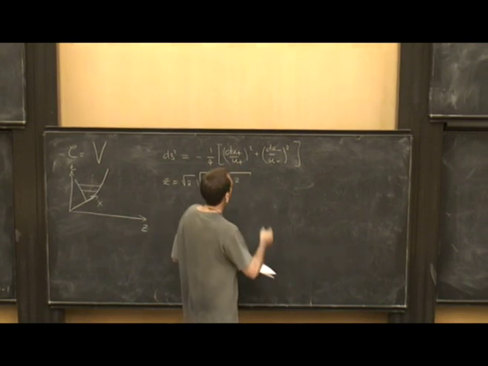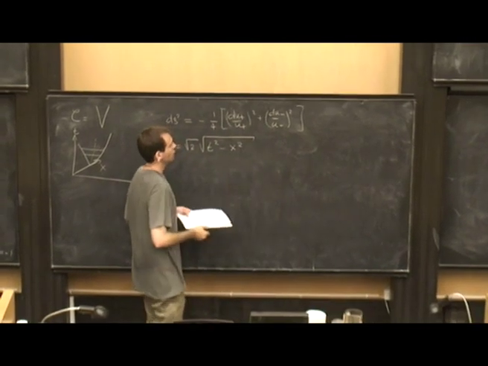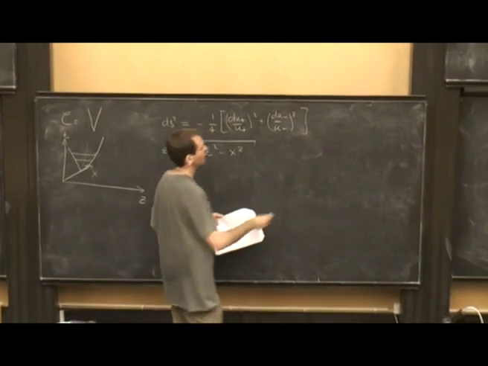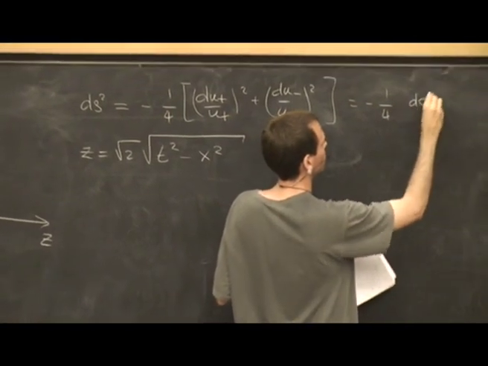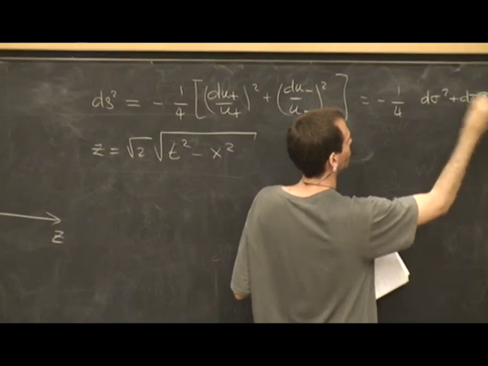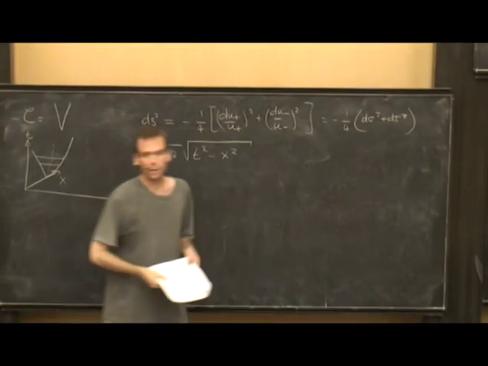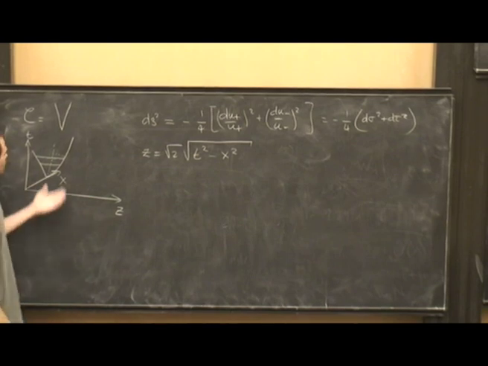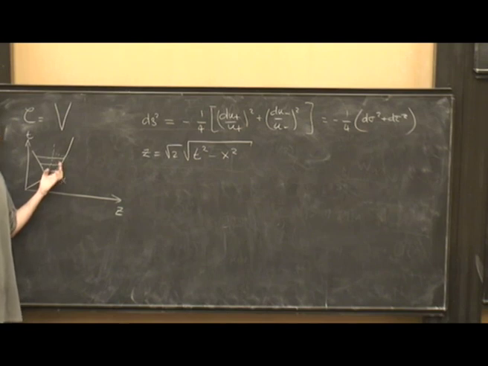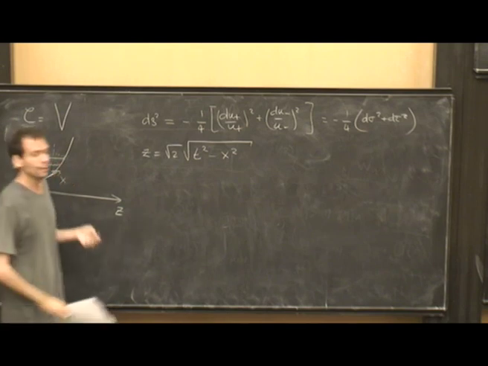And if I go to this exponential form, u plus exponential to sigma and u minus exponential to tau, this just takes a very familiar form, d sigma square plus d tau square.